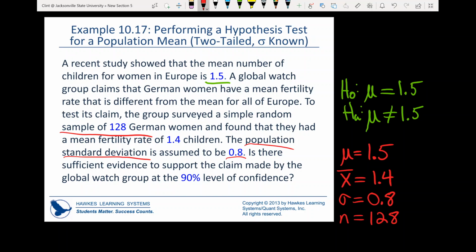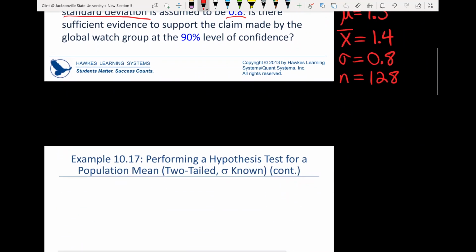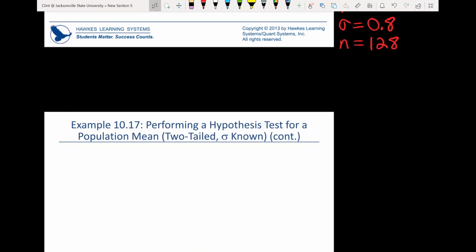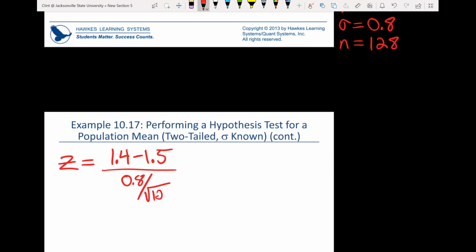So now we can plug our numbers into our formula. To get our z test statistic, we've got 1.4 minus 1.5 divided by 0.8 over the square root of 128.